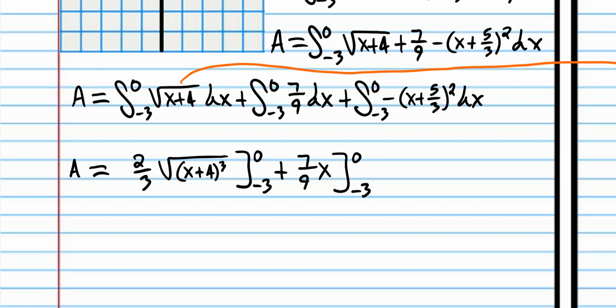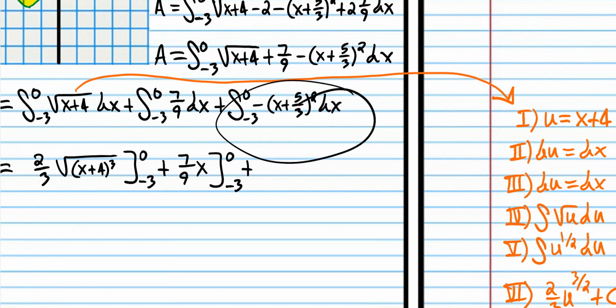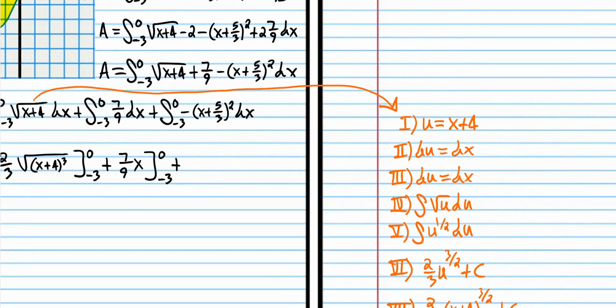But now we have a problem with this. We have to use u substitution on that. So I'm going to use purple for that. And we're going to go over here. So we're going to let u equal x plus 5/3 dx. Step 2, dx is already solved for.